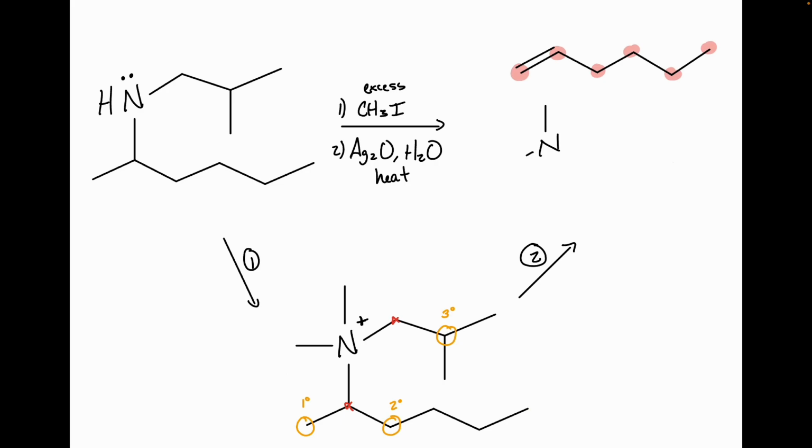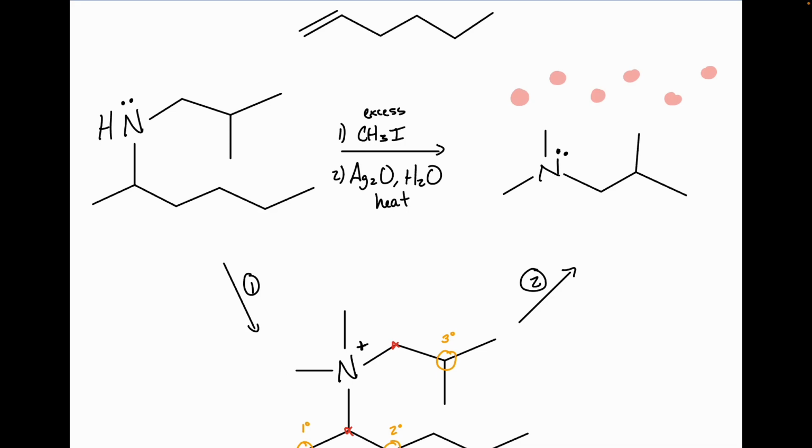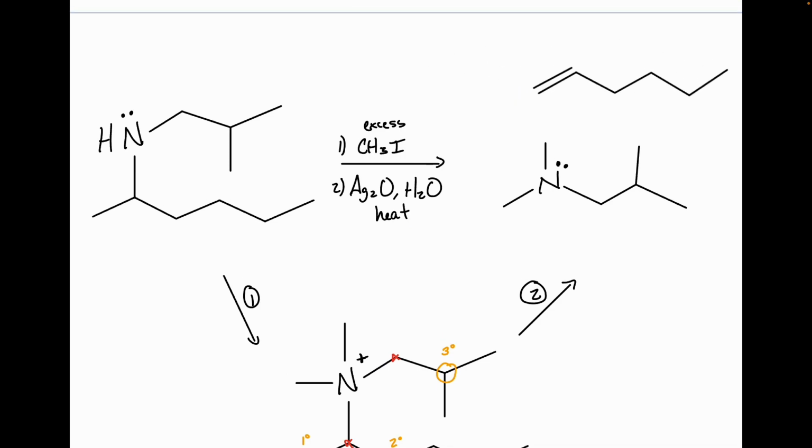And now it's got these two methyl groups on there because of that first step in my reaction. Just by definition of how these reactions go, it's got to be a tertiary amine. So we'll always get an alkene and a tertiary amine as our products here.